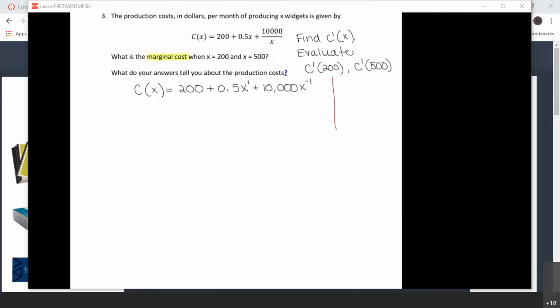Let's just take a look at this term. You can think of it as 10,000 times 1 over x, and 1 over x is x to the minus 1. You need to get really comfortable doing this quickly before you actually try to take a derivative.